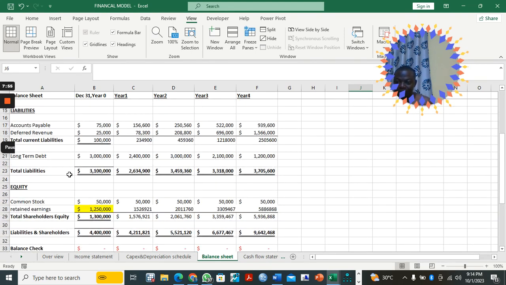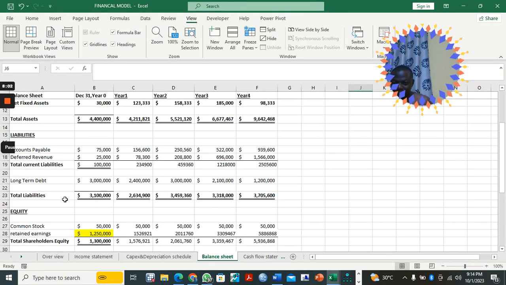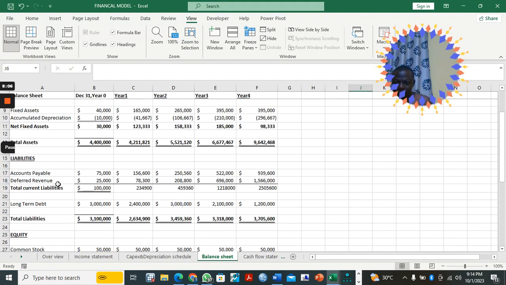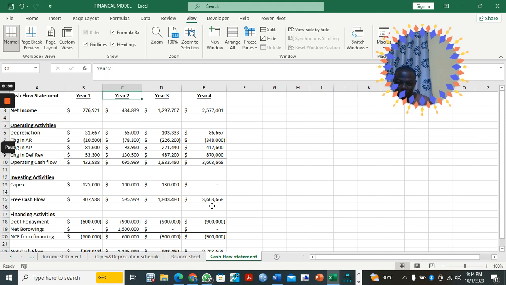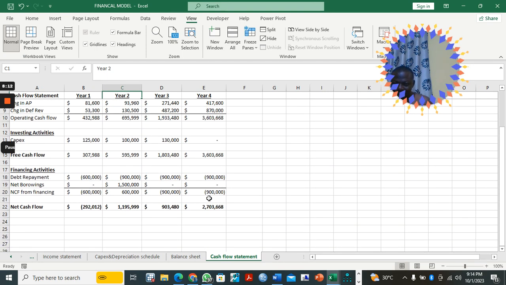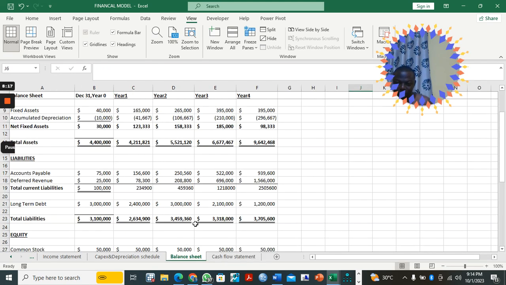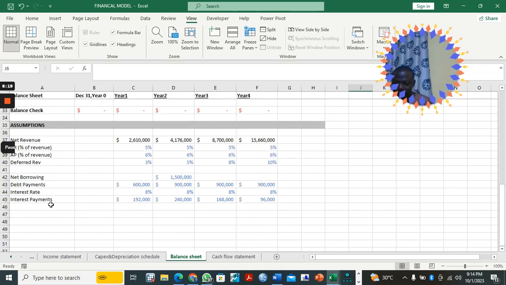We come to the balance sheet. Our interest payments forecast is here. The balance sheet has the interest rates.